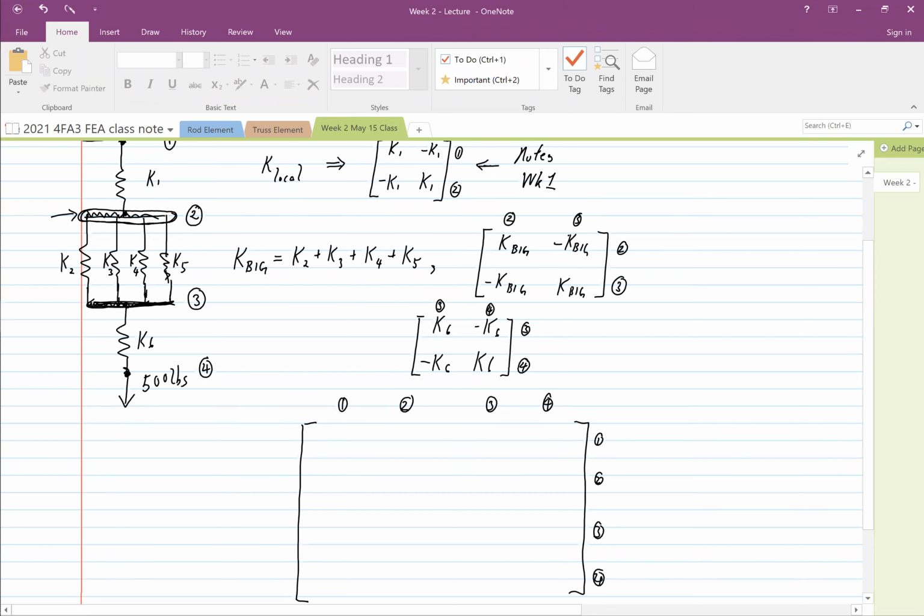Okay, let's put in the first one. It will be K1, K1. Okay, please note, there's 2 elements, but they share the same node. So right here, K6. Oh, I'm sorry.